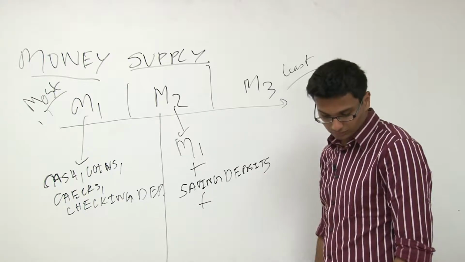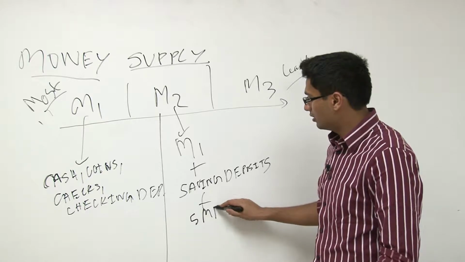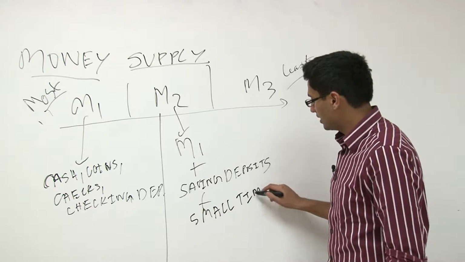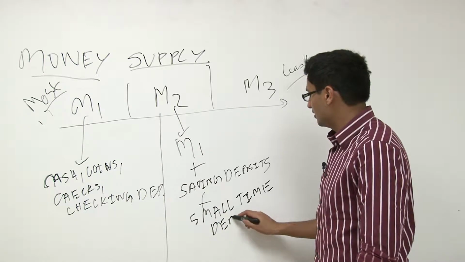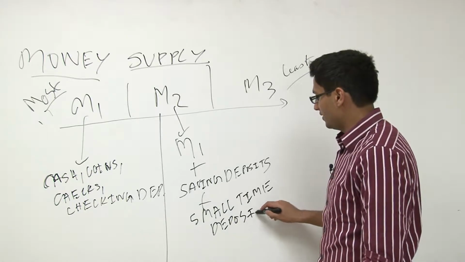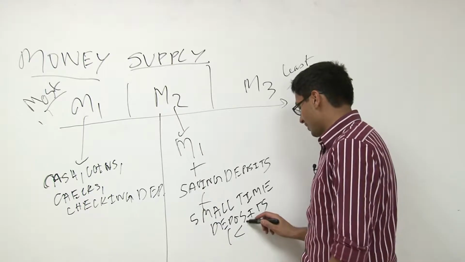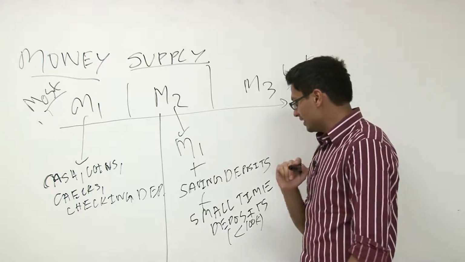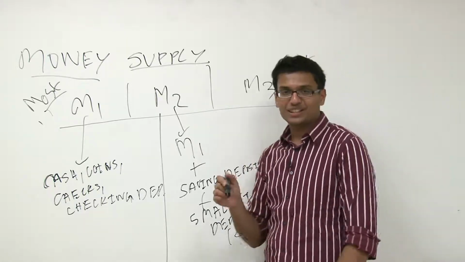And also small time deposits, and by small we mean under $100,000. Although $100,000 sounds kind of big if you ask me, small means under 100,000. So $99,000 would still be a small time deposit. All right, you get the point.